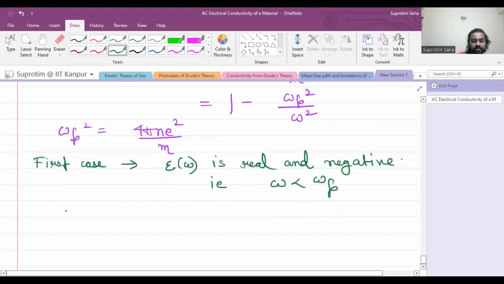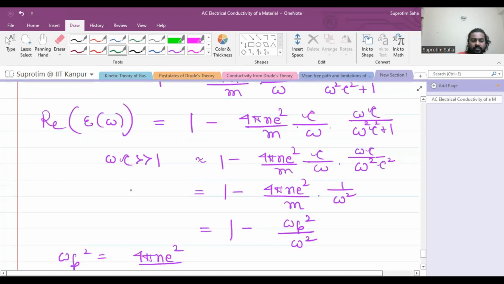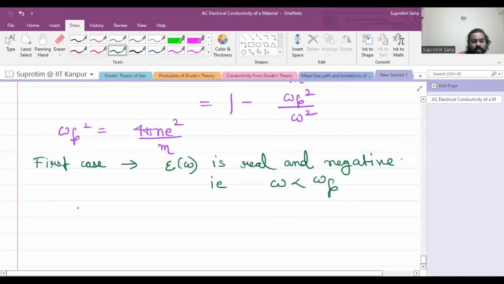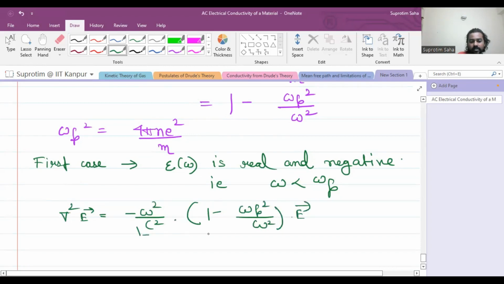In that case, the solution is grad squared E equals minus omega squared over c squared into (1 minus omega p squared over omega squared) times E. Since 1 minus omega p squared by omega squared is negative, the whole becomes positive.